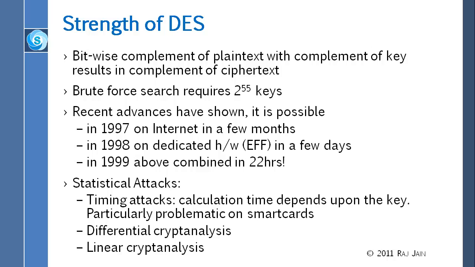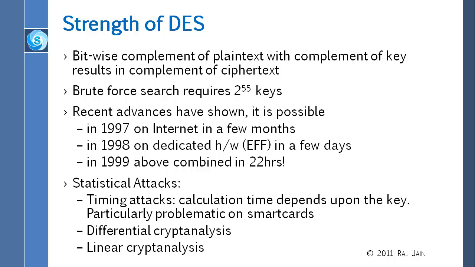So basically there are three kinds of attacks people can do. One is timing attack. In a timing attack, you just measure how long it is taking. And some keys take longer and some keys take shorter, particularly if it is done in software.